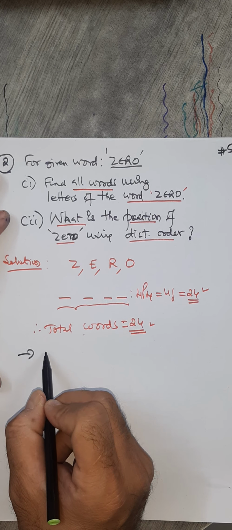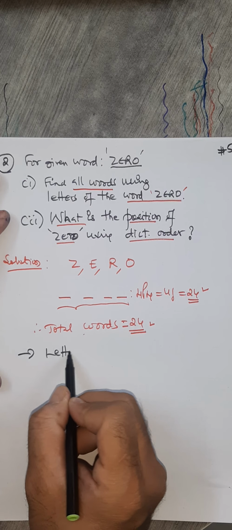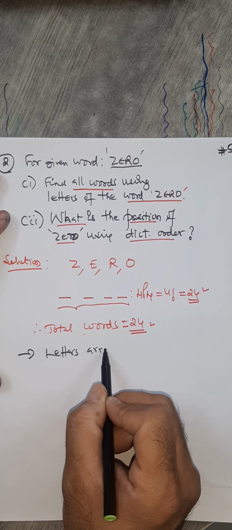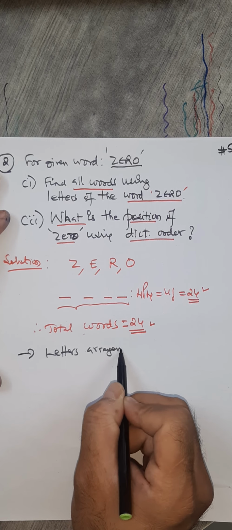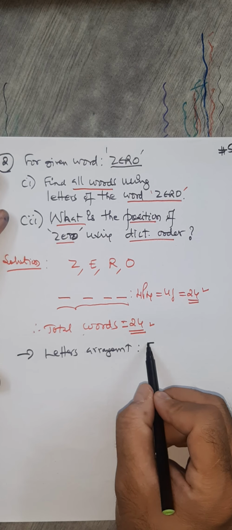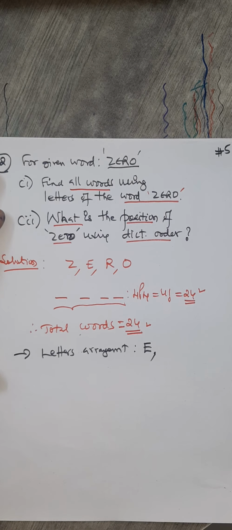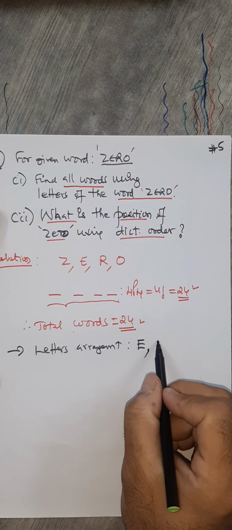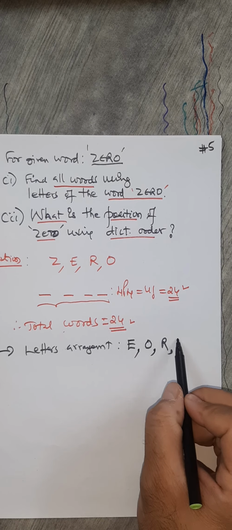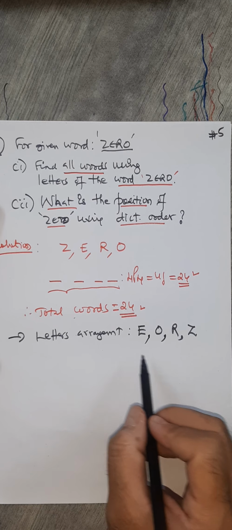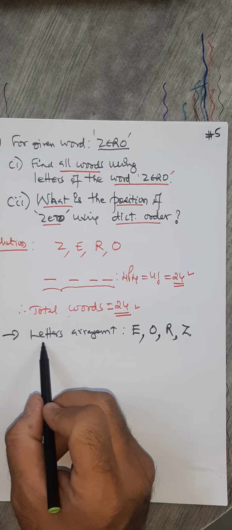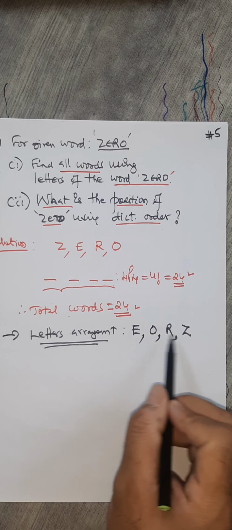So what we do, we arrange the letters as per dictionary order. So as per dictionary order you have E, then O, then R, and then Z. This is the arrangement of letters as per dictionary order. Fine.